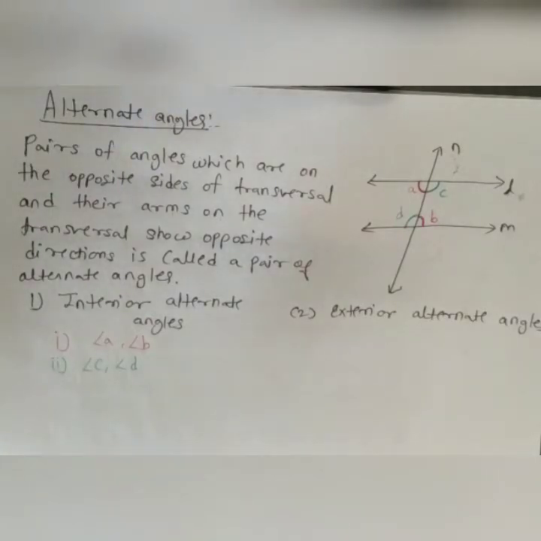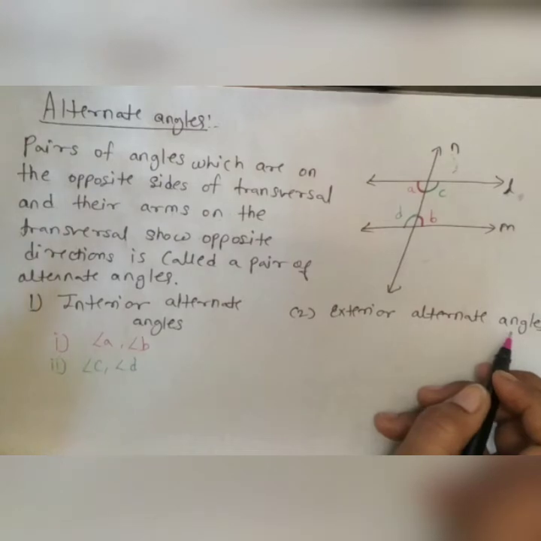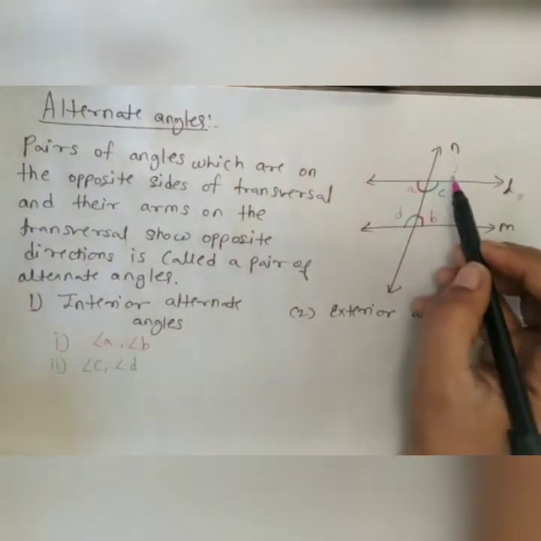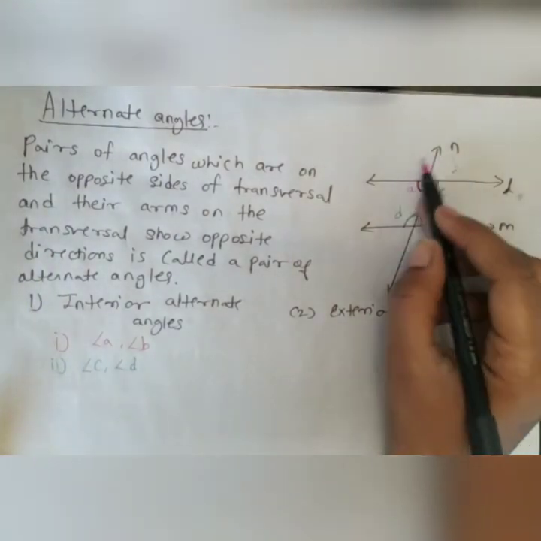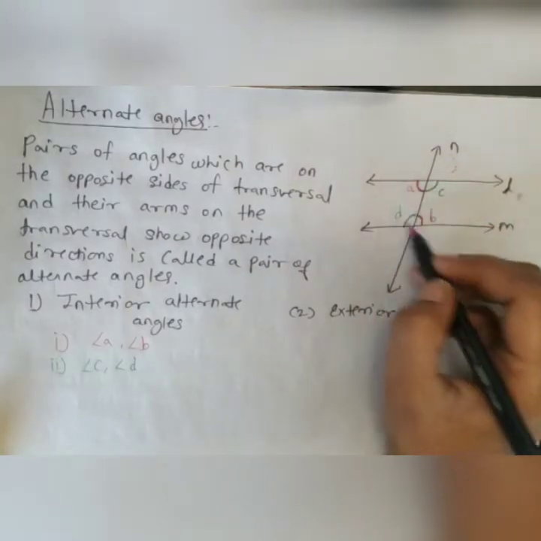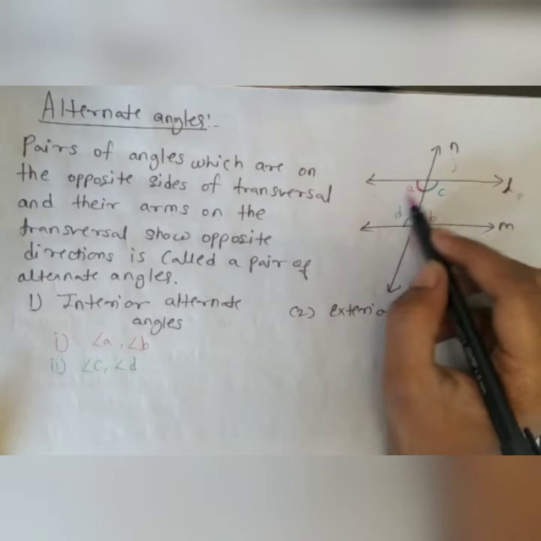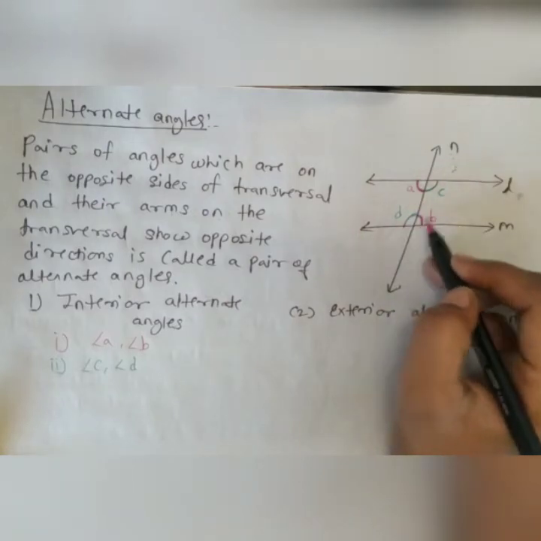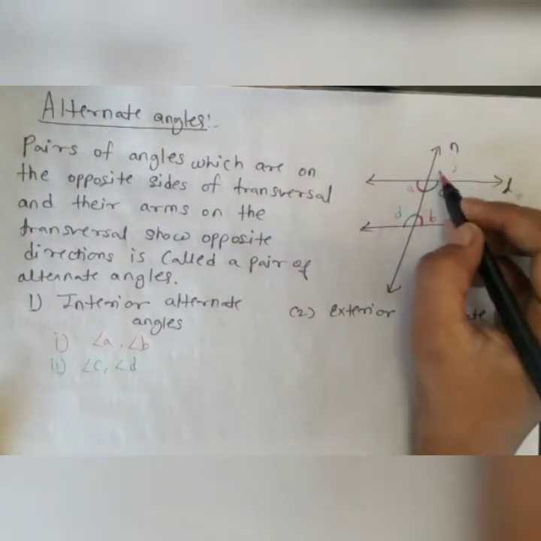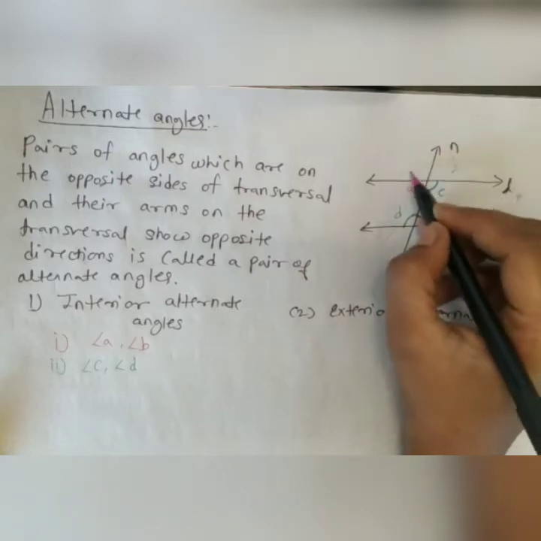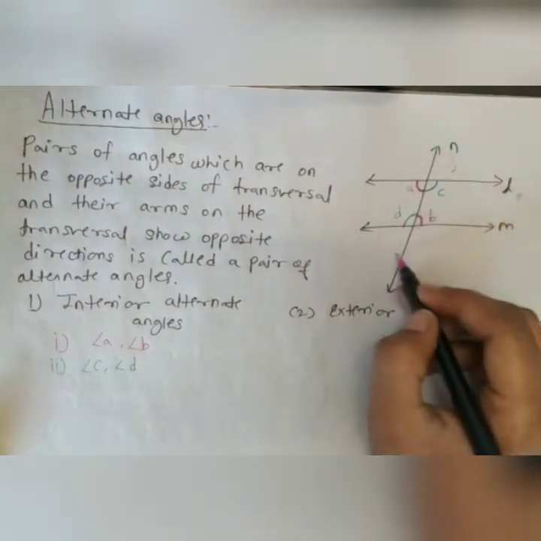Second pair is angle C with angle D. And in exterior alternate angles, first see where our exterior angles are forming. These angles are inside the lines, so these are interior angles. Now we will look outside the lines.